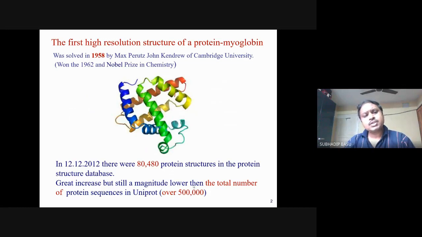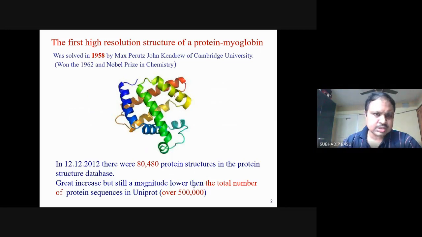Now, the first high resolution structure of a protein was shown by Max Perutz and John Kendrew of Cambridge. That was in 1958, and that was the 1962 Nobel Prize in Chemistry, when the first high resolution structure of the protein myoglobin was presented.